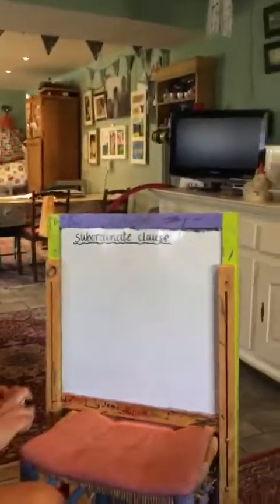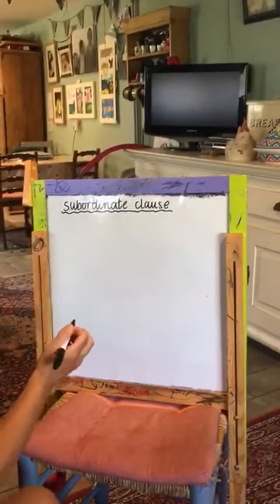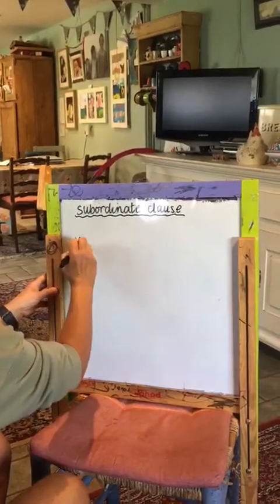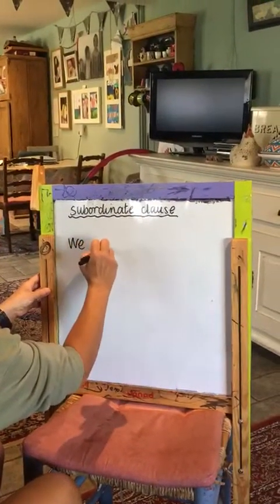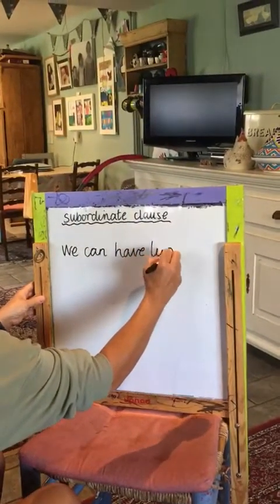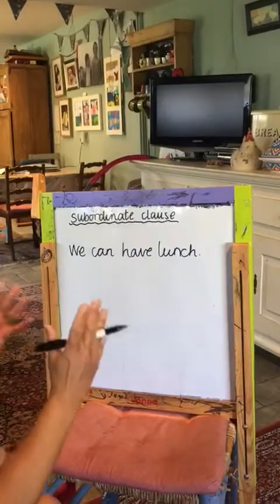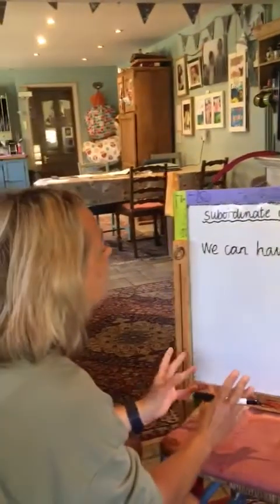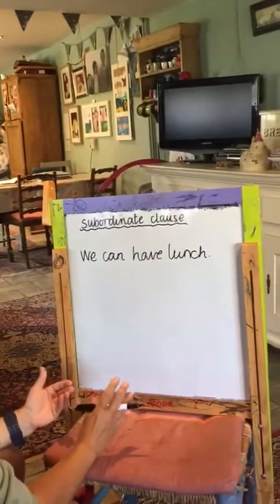So if we start off with a simple main clause, where I'm saying something like, we can have lunch. A very simple sentence. That's just a main clause. If I want to extend that sentence and turn it into a complex sentence, I need to do two things.